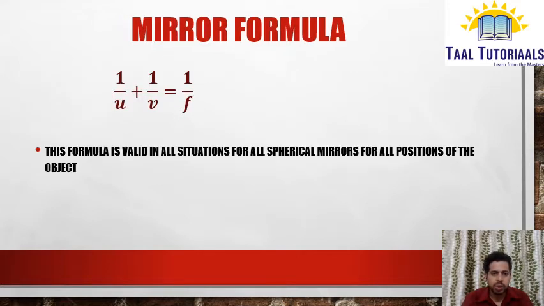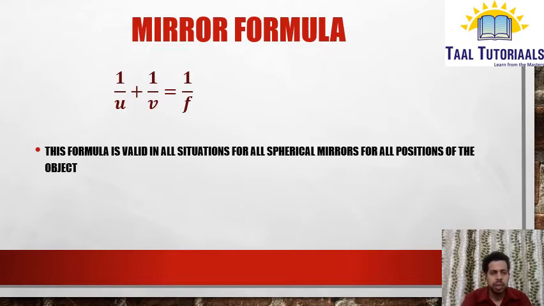This formula is valid in all situations, for all spherical mirrors, for all positions of the object. This is called the mirror formula. There are two mirrors we have, concave and convex. Whatever the case, any image formation, wherever the object may be, you can apply this formula. So you need not worry about the number of formulas. Just remember this formula, for mirrors, whether convex or concave.